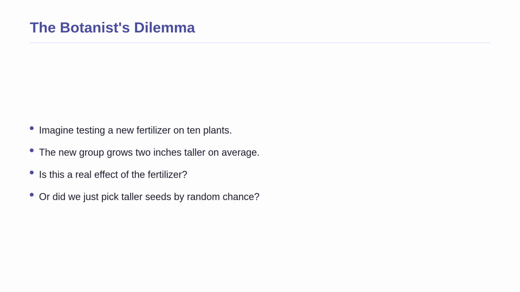That sounds great, right? But here is the critical question. Is that 2-inch difference a genuine, reliable effect of your new fertilizer? Or is it possible that you just happen to pick slightly taller seeds for that group by pure random chance? This uncertainty is exactly why the t-test was invented.